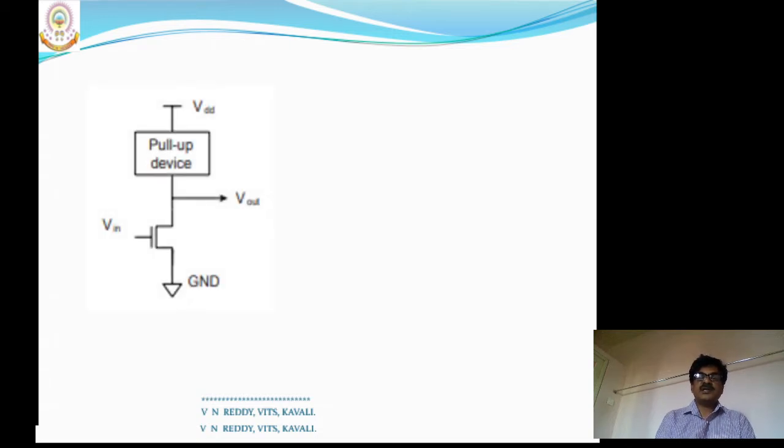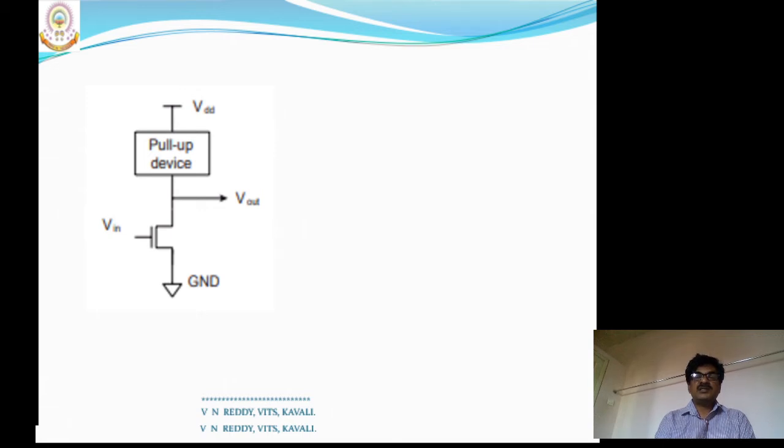So this is the diagram representing here in the slide. This is the basic generalized diagram for the MOS inverter. It includes two devices, pull-up device and pull-down device. Usually the pull-down device is always enhancement NMOS transistor, which is placed between ground and output terminal.